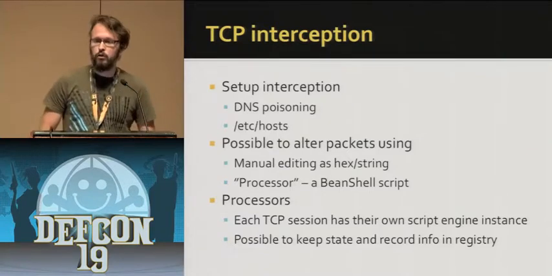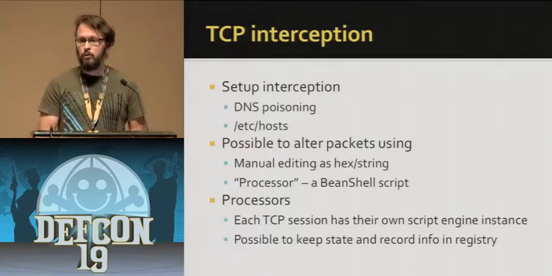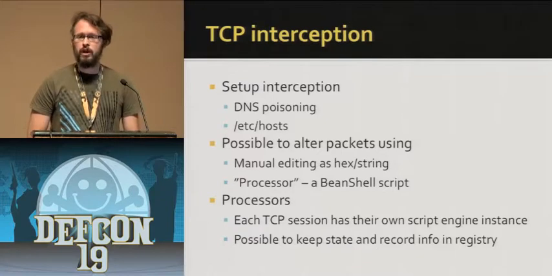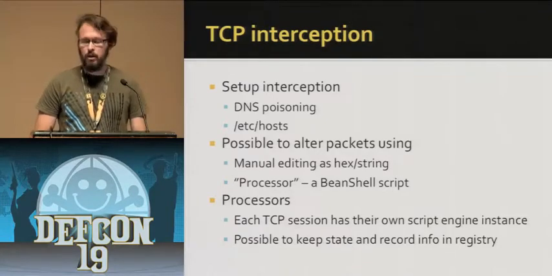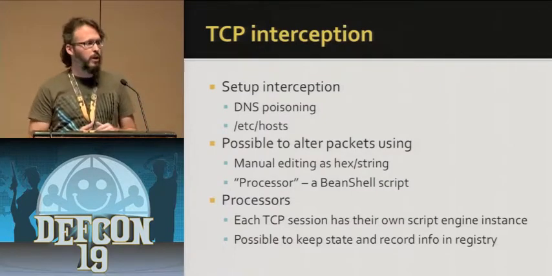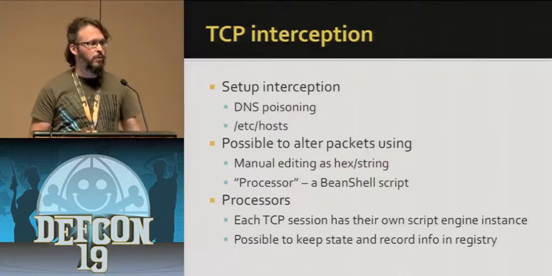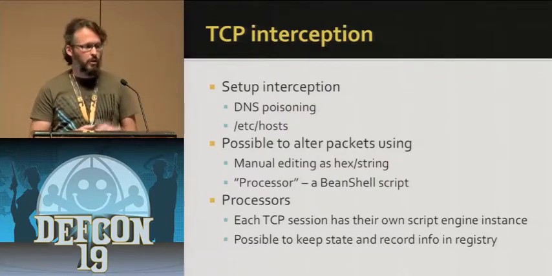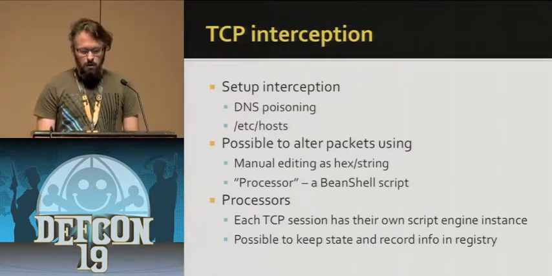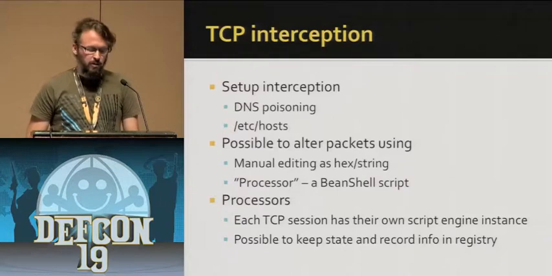You can write your own code in Java through the BeanShell integration, and each TCP session gets its own BeanShell interpreter. So you can keep state within a TCP session. If you collect some interesting data in the first two packets, you can keep it in a registry and pull it up in the sixth or seventh packet where you actually need it. The registry is basically just a hash map with a string key where you can store whatever data you want.